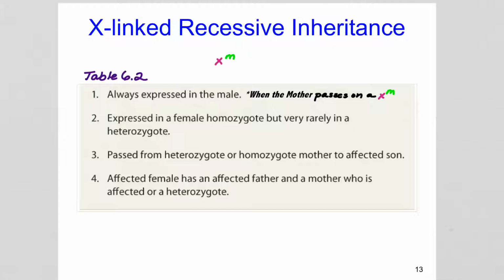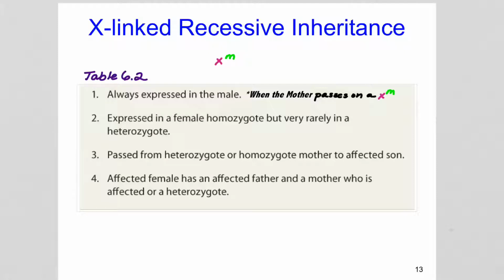With regards to females, because this is a recessive condition, and remember that females have two copies of the X chromosome, it's going to be expressed when two copies are present, because that's the definition of how a recessive allele works. But it may also be expressed when she only inherits one copy.